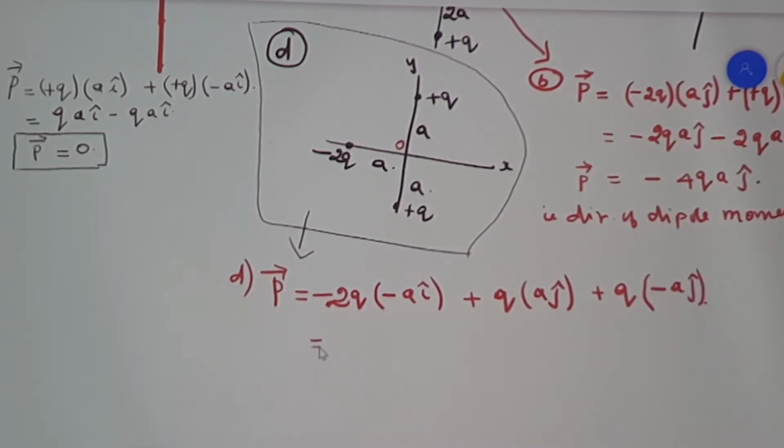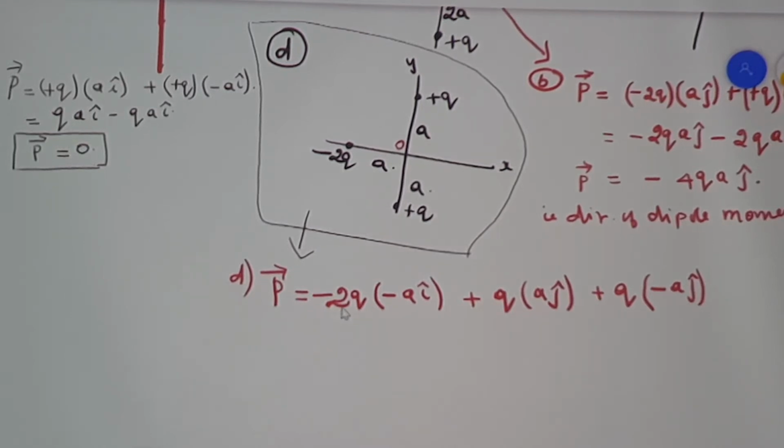Now I can state minus of minus will become plus. So I will be getting it as 4 q a i, isn't it? Not 4. This is A, this is 2. Sorry, I have to write it out as 2, not 4.